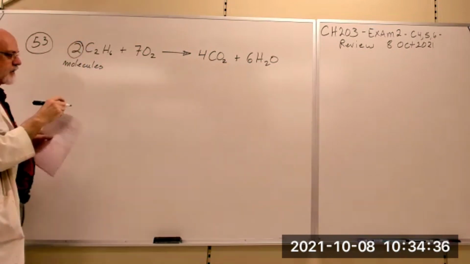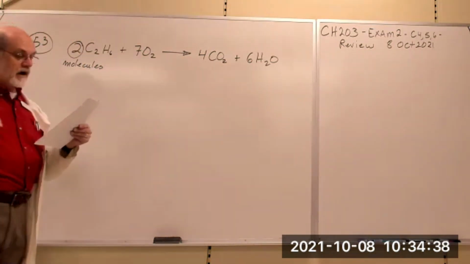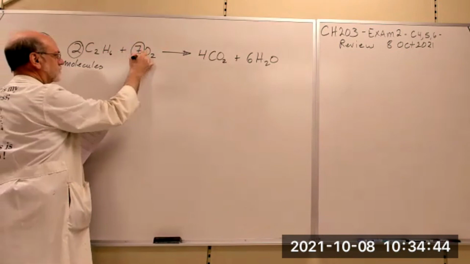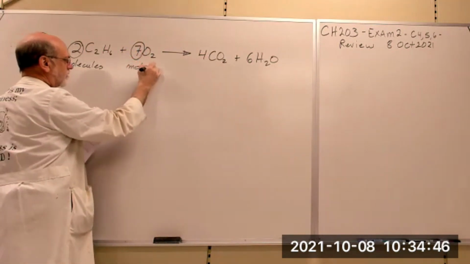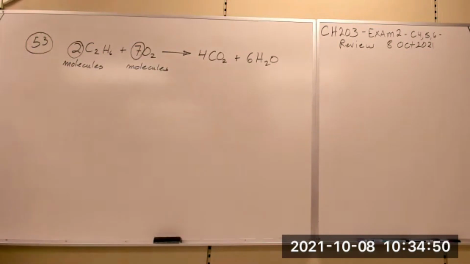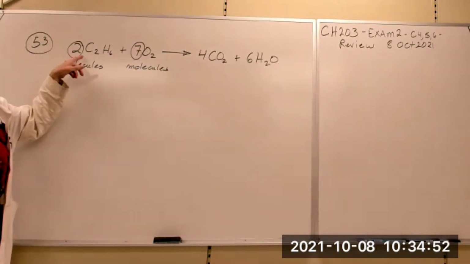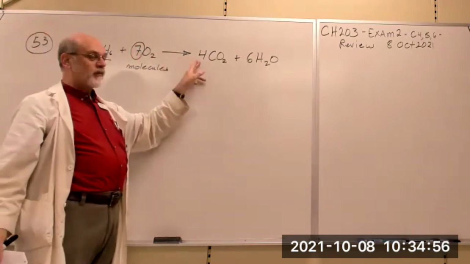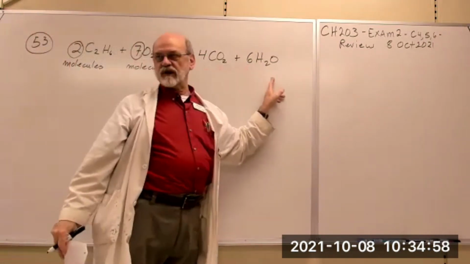How many molecules of oxygen are required, I should say? 7. Okay. That ratio is fixed for the balanced equation. 2 molecules of this will react with 7 molecules of oxygen to give you 4 molecules of carbon dioxide and 6 molecules of water.